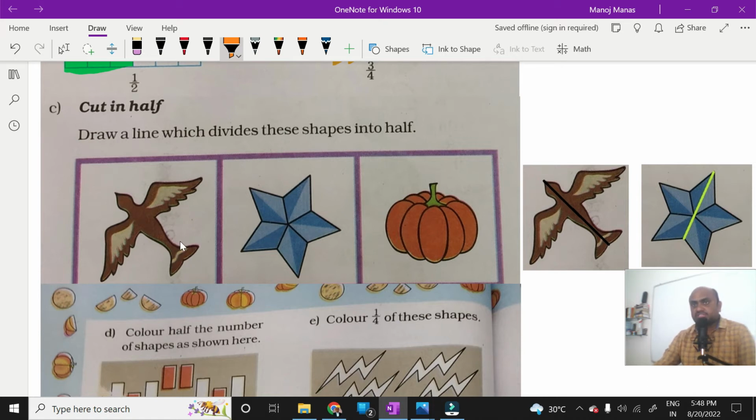So this is the bird. If it is a PPT, I might have shown you. So this is the bird, and after drawing the line, this is the diagram. Similarly, if this is a star or a diamond, then after drawing a line like this, it will become halves.